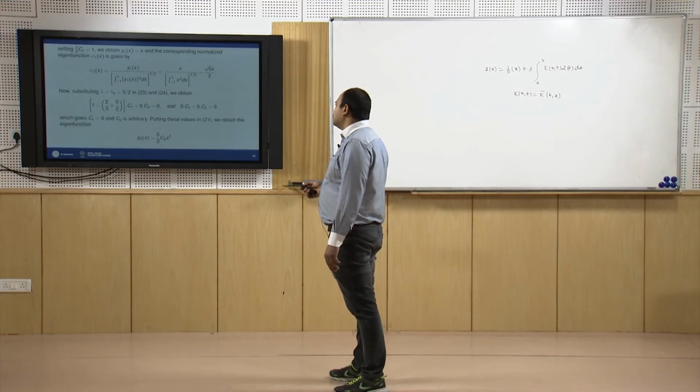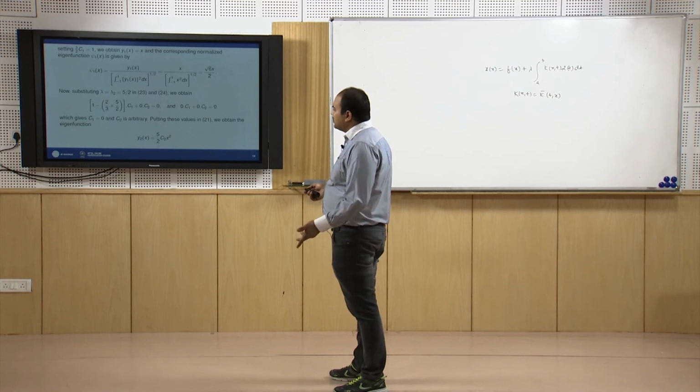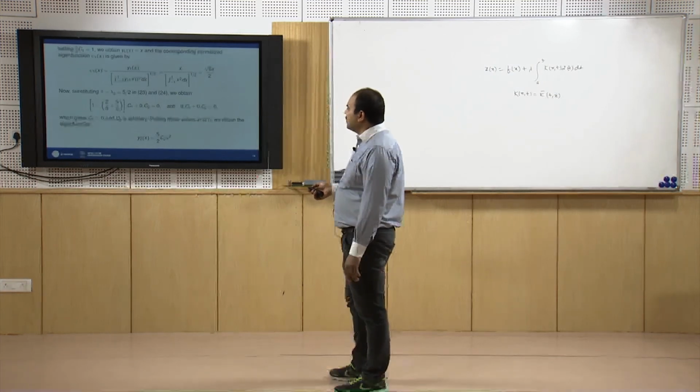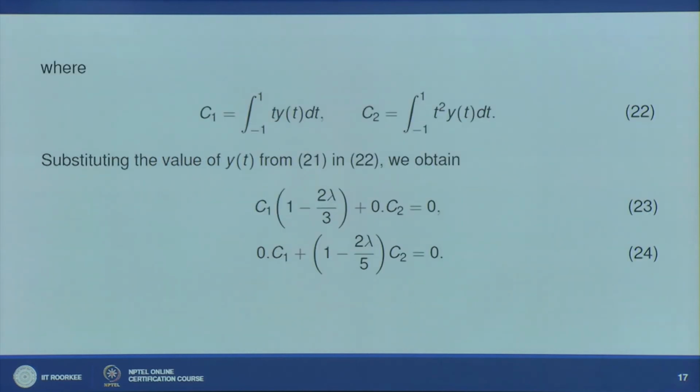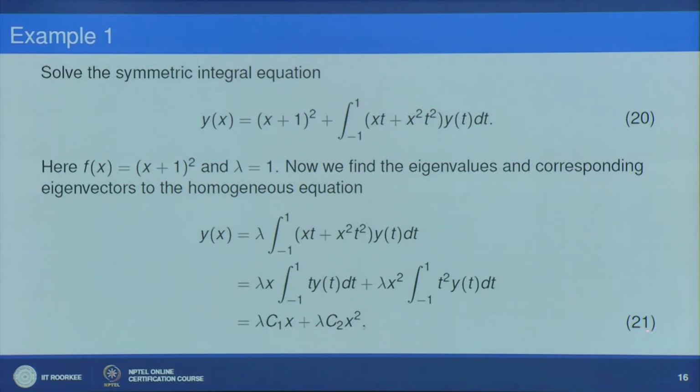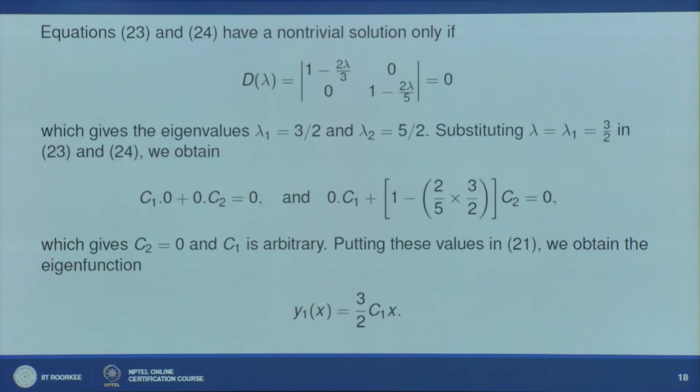Okay. So now lambda 1 is known to you, psi 1 is known to you. Now repeat the same procedure for lambda 2. So lambda 2 is 5/2. The first equation gives you this, and the second is again redundant in the same way. So here you can solve and say that C1 comes out to be 0 and C2 is arbitrary. Again using the solution, C1 is simply 0, so y(x) is nothing but lambda C2 x squared.